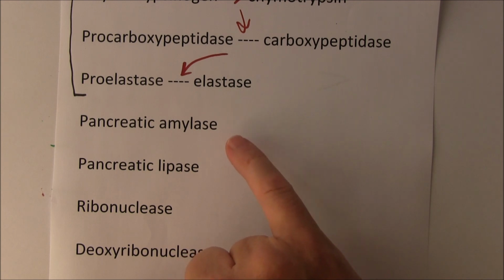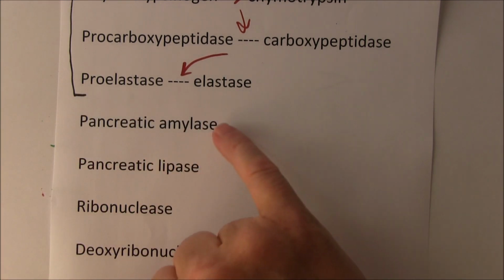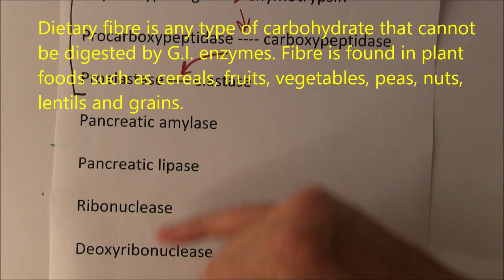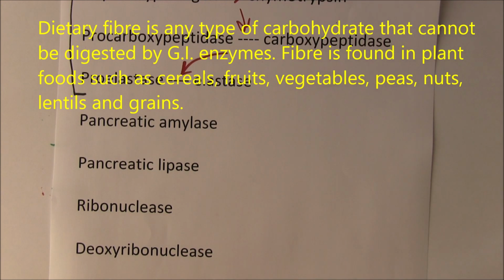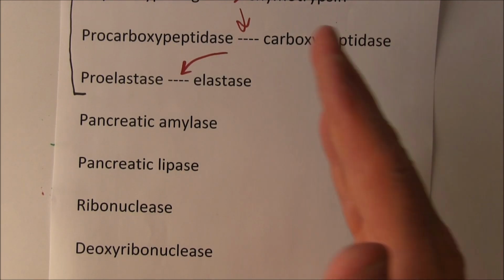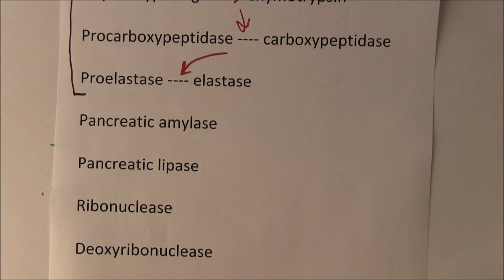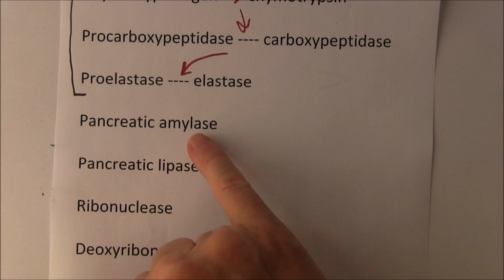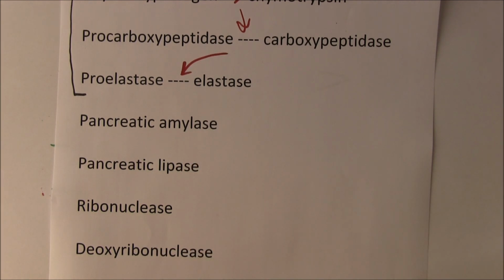And in fact, anything that's not broken down by the gastrointestinal tract, such as cellulose, is a fibre, dietary fibre. So dietary fibre is not acted on by any of the digestive enzymes, and that means chemically it goes out as it came in. And of course we know that water-soluble fibre and non-water-soluble fibre are very important for health and for the health of the gastrointestinal tract. But the reason that they're fibres is because they're not acted on by digestive enzymes such as amylase.